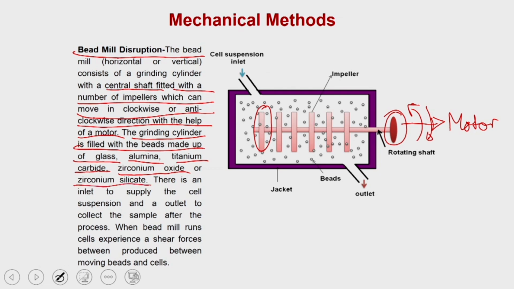Depending on the type of material you would like to homogenize, you can choose beads of that particular type. Suppose you want to use gentle cells, then you can use glass beads, but if you have plant or some very hard material, then you can use titanium beads or zirconium beads.